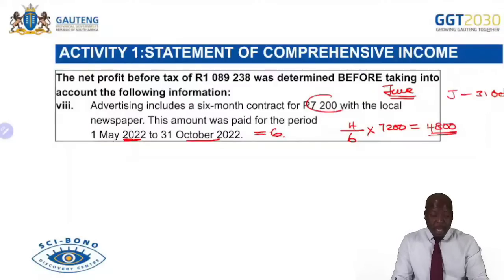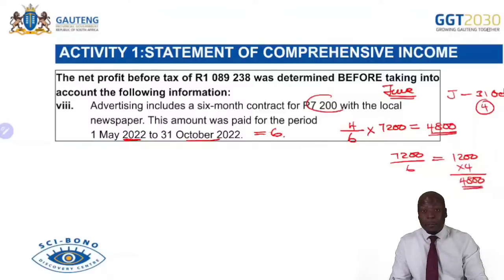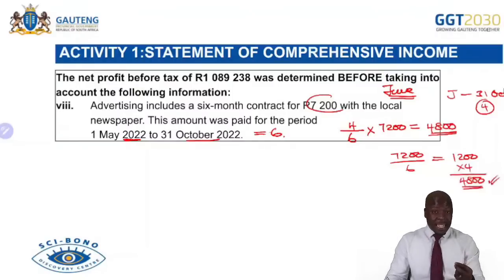The simplest way was to say 7,200 is for 6 months. How much is it per month? 1,200. How many months did we pay in advance? 4. Multiply this by 4. That will give you 4,800 again. You like the second method, I know. So if we have paid 4,800 in advance, how does it affect our net profit?